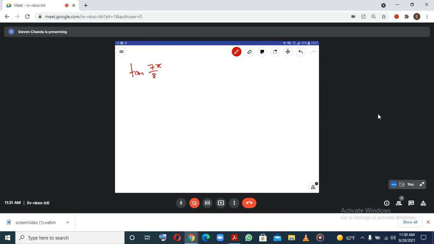What you are trying to do first of all is put yourself in a position where you say, what can I do? First of all, you want to know what quadrant.